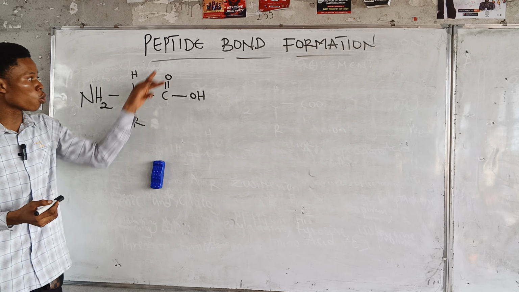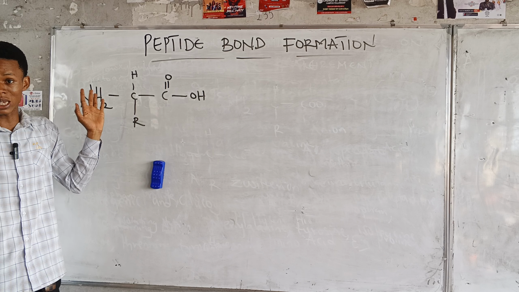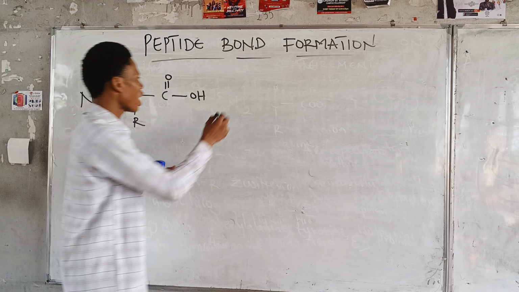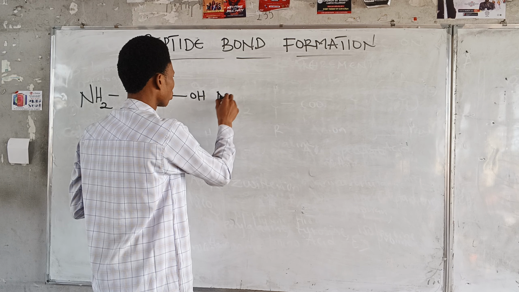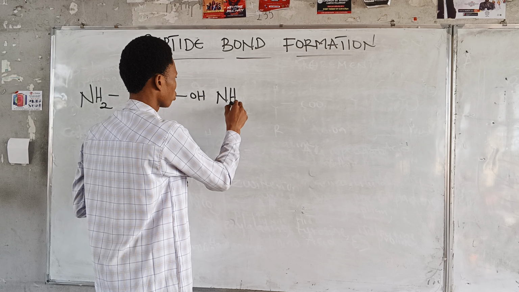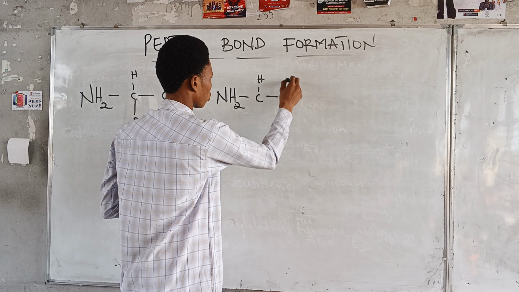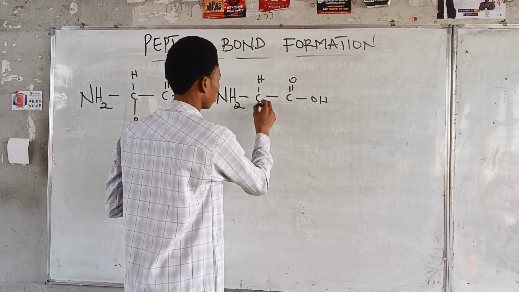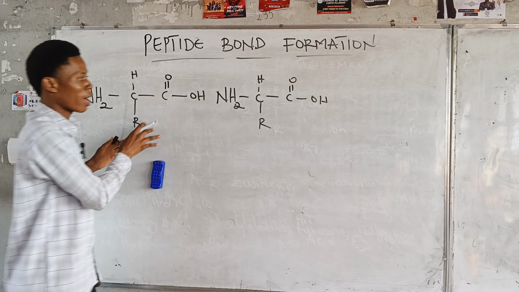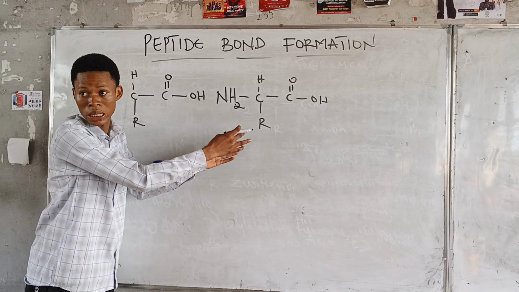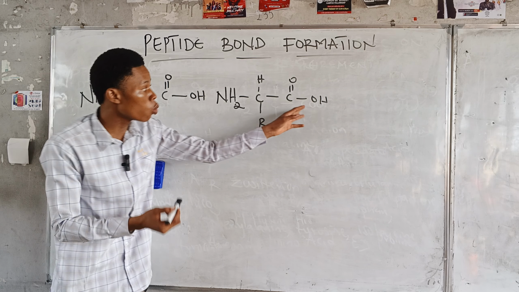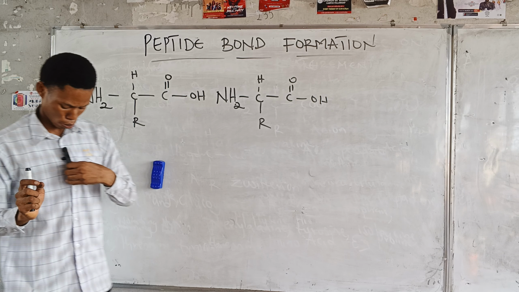No. This is COOH, right? The same thing that was there. Now, if I draw another amino acid here, this is one amino acid, right? This is another amino acid, is it not? This COOH is the normal way we've been writing it.